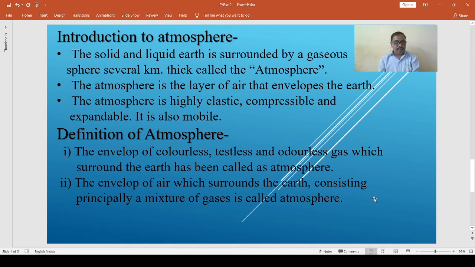It has a layer-like arrangement. Man has studied the upper part of the atmosphere with the help of balloons, radio waves, satellites, flights, etc. But the information is still inadequate and not clear.